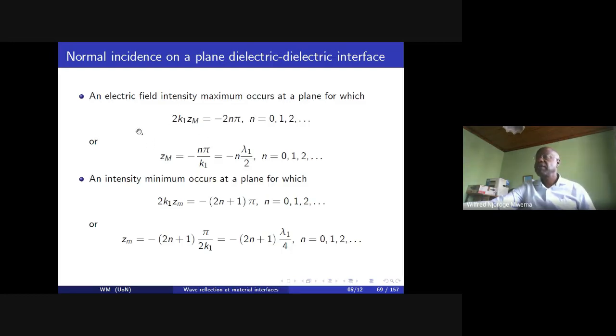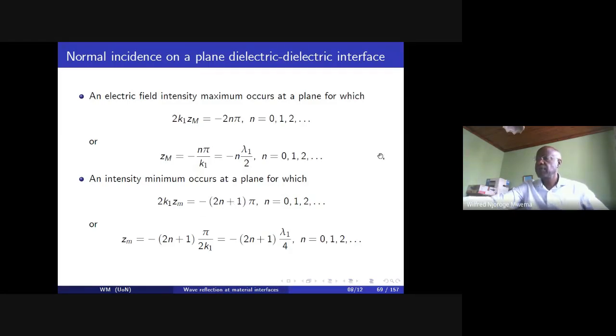The magnetic field intensity will be minimum at these locations as well. So the intensity minimum will occur at planes for which 2k1zm satisfies that equation. That is, it's an odd integer multiple of pi. That's where the value is going to be negative, because if we look at the expression for gamma, we can see that it will have a minus.